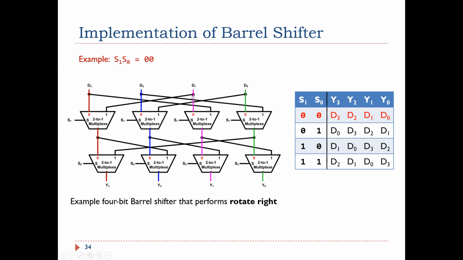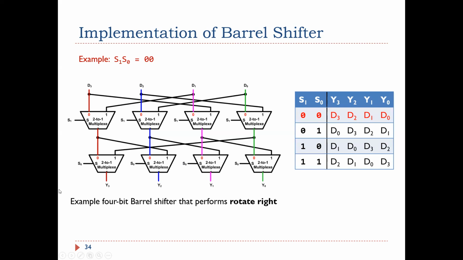And the same for D1. Here you can see that D1 will be selected from this multiplexer, and that will be the output of this multiplexer. Then this D1 also comes here as the first input of the second multiplexer, and since S0 equals 0, this input will be selected and the output will be D1.